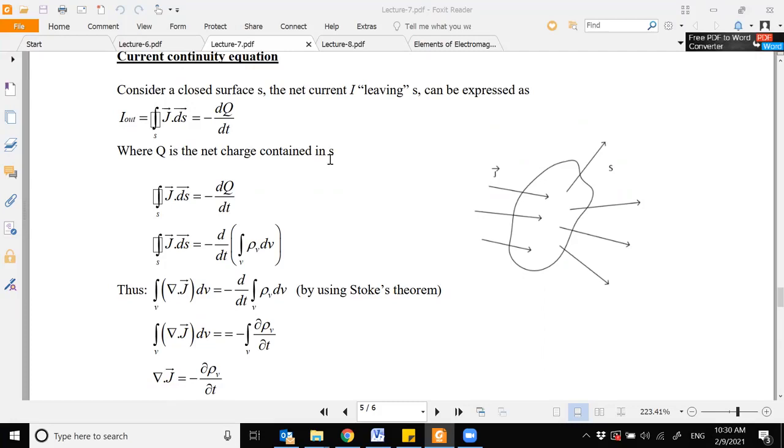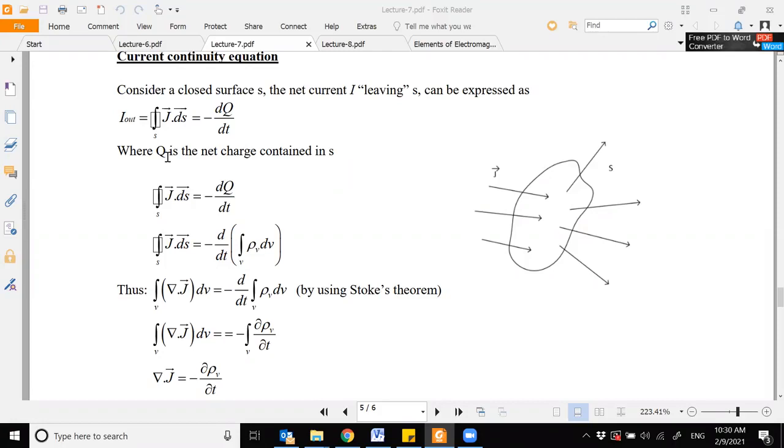So now if you just think about it, you are integrating the current which is going out of a spherical shell, and inside you have the net charge Q. Then if the current is going out, the net charge inside should start depleting, right?